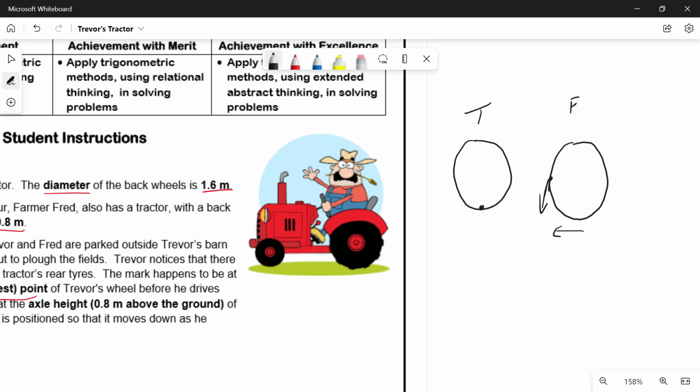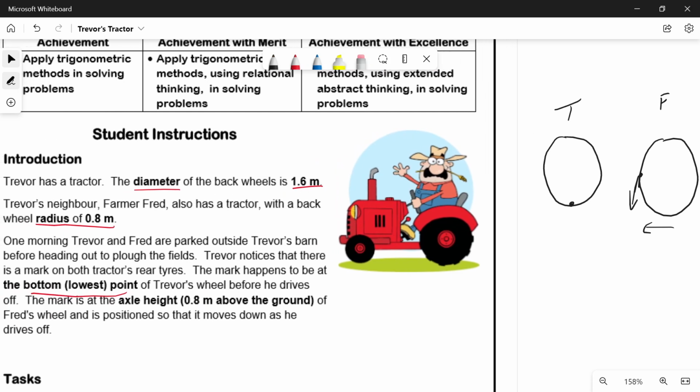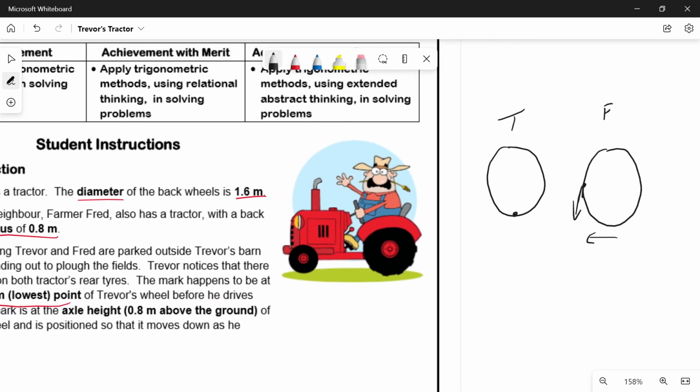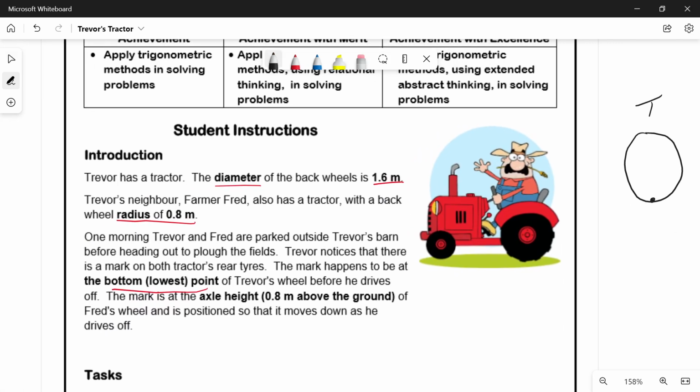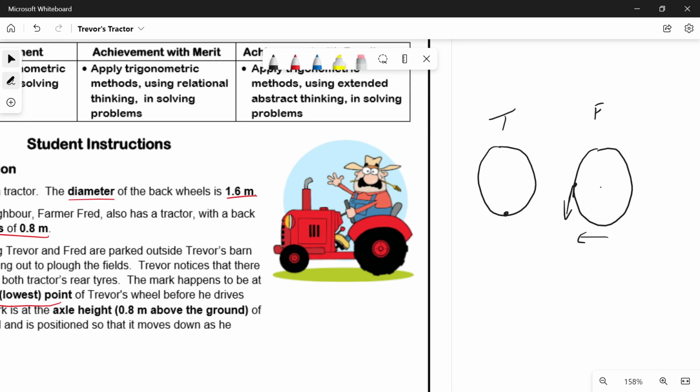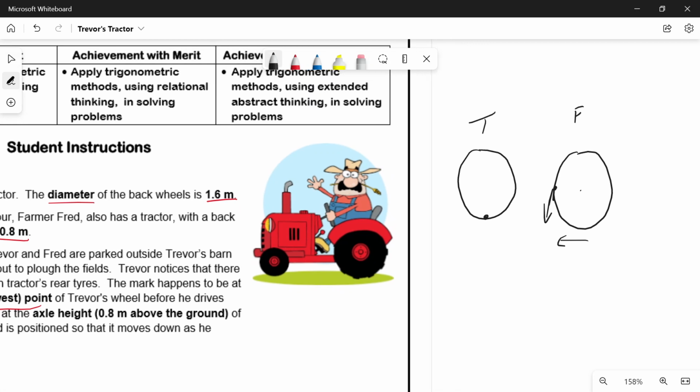Okay? It's at the axle height, and the axle's in the middle, but is ready to move down as he drives off. Does that kind of make sense, the difference between Trevor's position and Fred's position? Fred's is here, ready to move down, and Trevor's is already at the bottom.